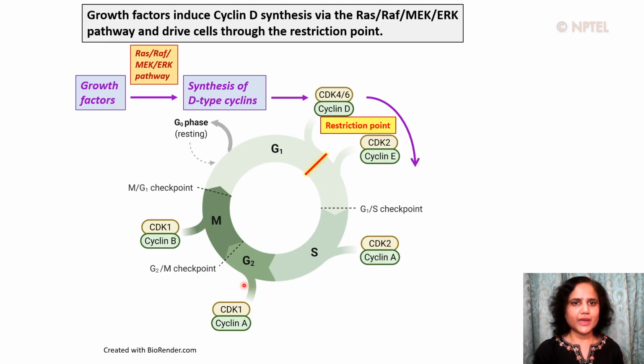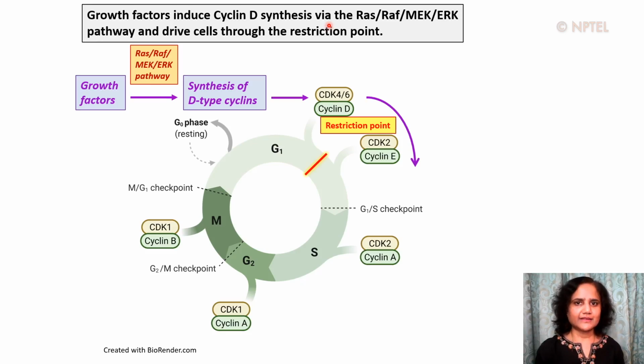The G2 to M transition is controlled by the CDK1 cyclin A complex again. And progression through M phase is controlled by the CDK1 cyclin B complex.